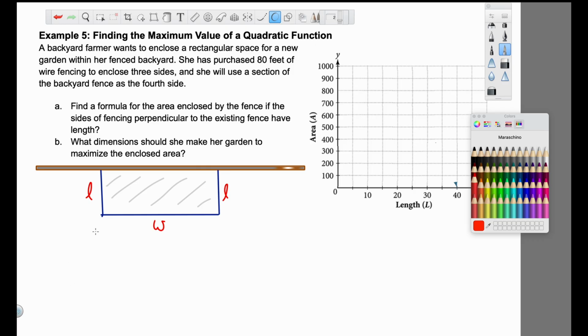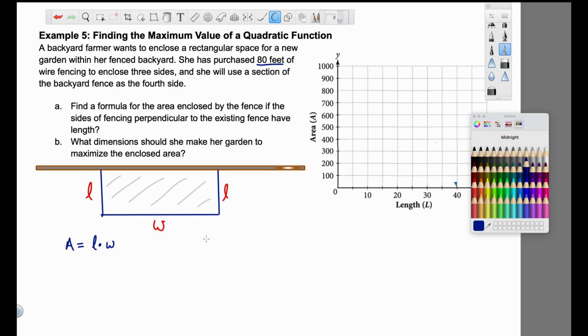So area of a rectangle is length times the width. But we know that she's purchased 80 feet of length, or total length, right? So this means that the length of the 3 sides here is going to be 80 feet.